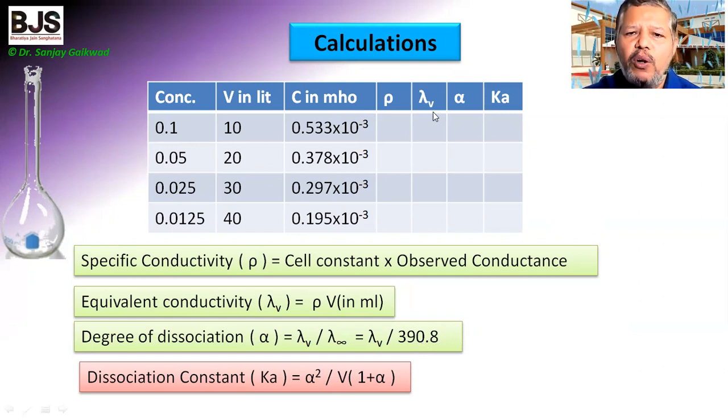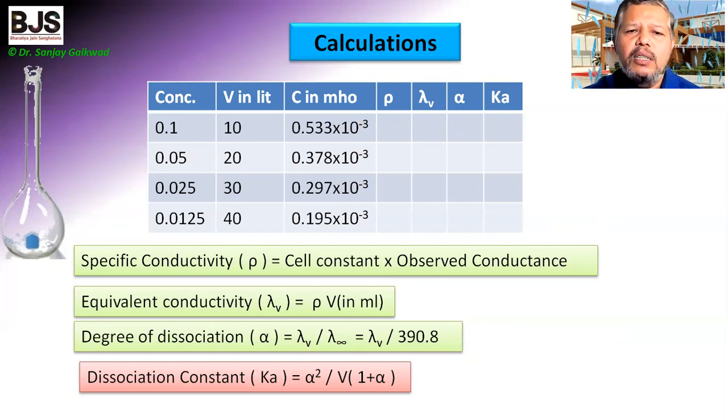After substituting it, we can calculate the degree of dissociation for each solution, and from alpha we can calculate the dissociation constant of each solution. After calculating the dissociation constant for each diluted solution, we can conclude the experiment.